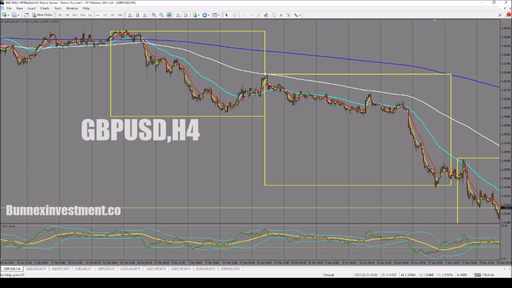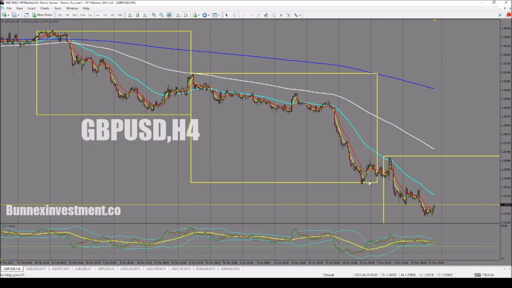From that reset, we had a drop, consolidation, a drop, pullback, a drop. Then now we have this consolidation and a drop. So for us to get an entry point, we now need to go down again to the H1 time frame.